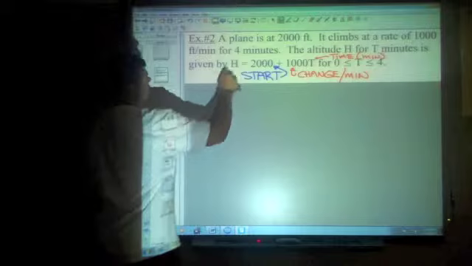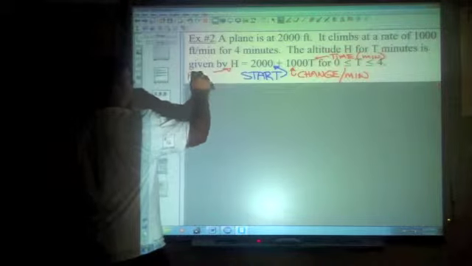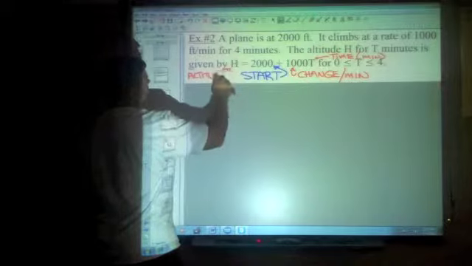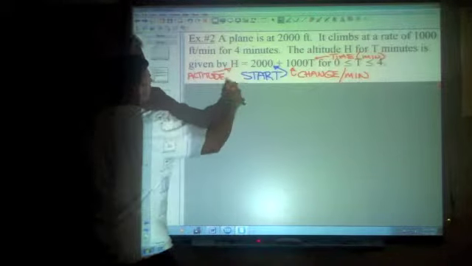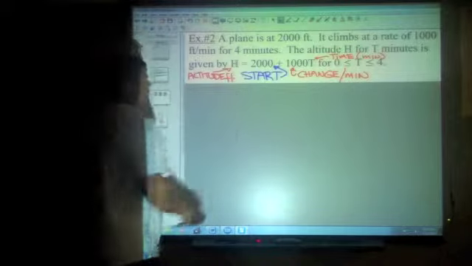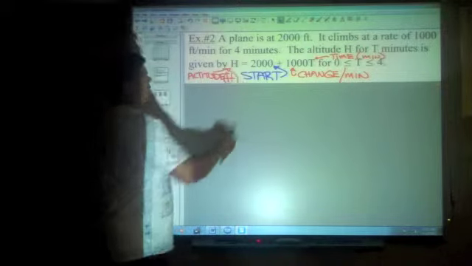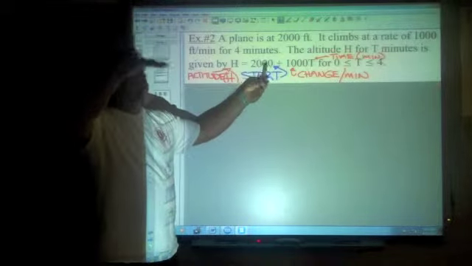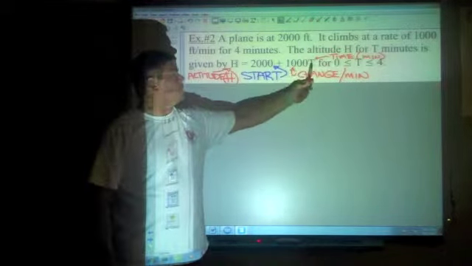And H is the altitude, which we're going to say is in feet. So that's the altitude in feet. Why does it start at 2,000? Why does it have 2,000 being added on? Because the plane's already at 2,000. 1,000 is being multiplied by the time.